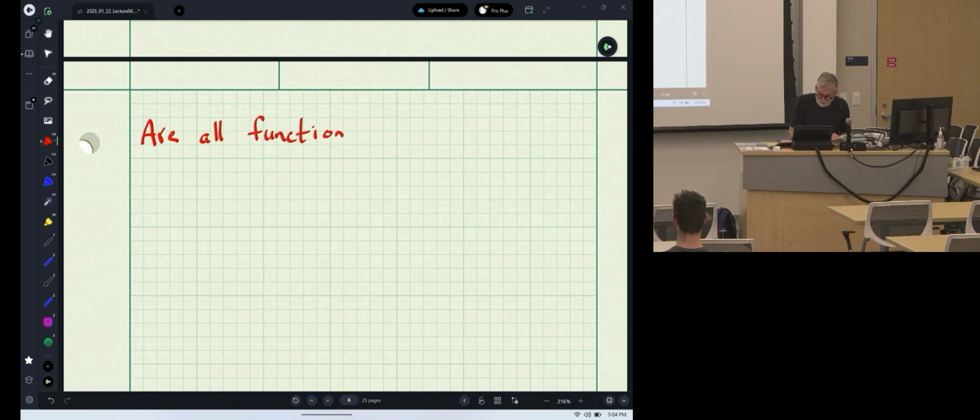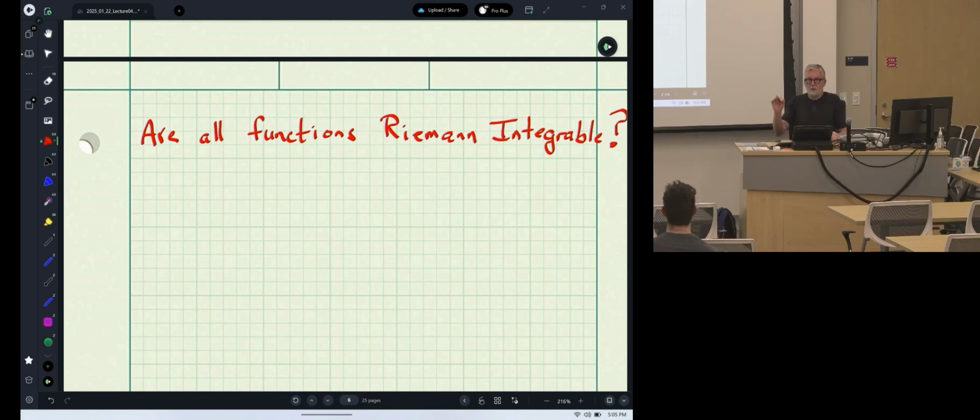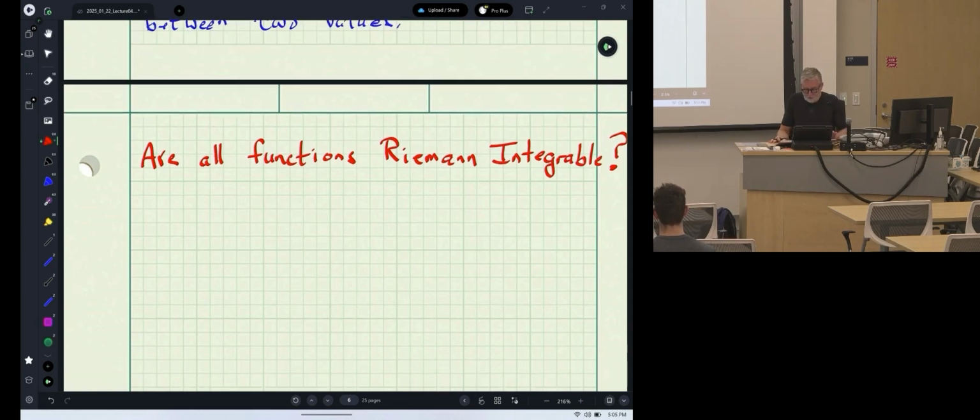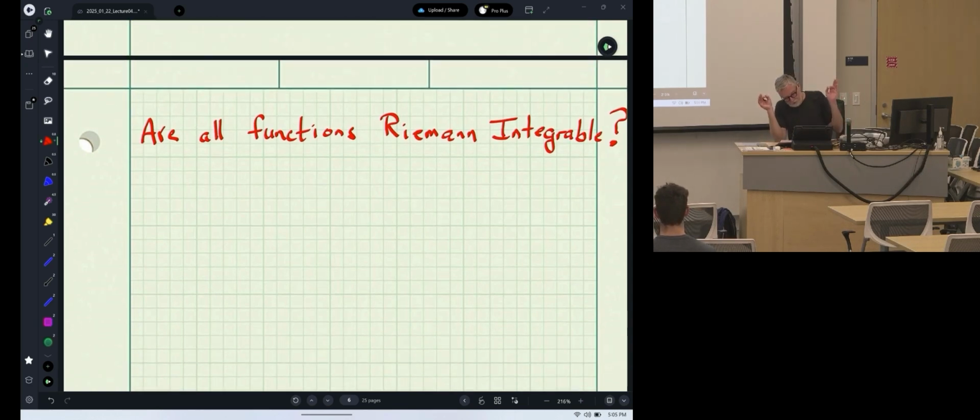Are all functions Riemann integrable, meaning they have a Riemann integral? Okay, so you guys know me well enough that I'm asking the question to set you up, okay?